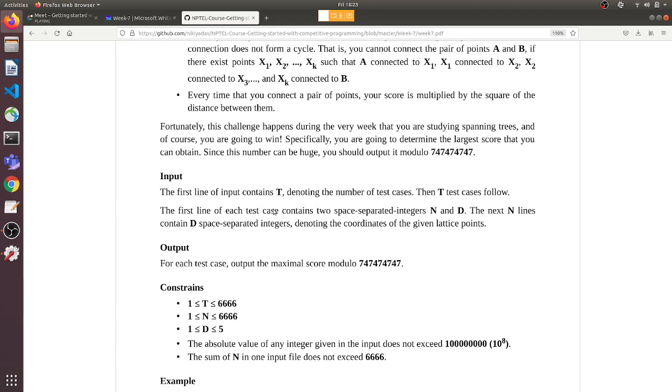Sorry, I'm kind of confused here. It would be just m plus m into d, because for the disjoint set that would be just m if we use path compression and union by rank, and then m into d for calculating the weight of the edges.